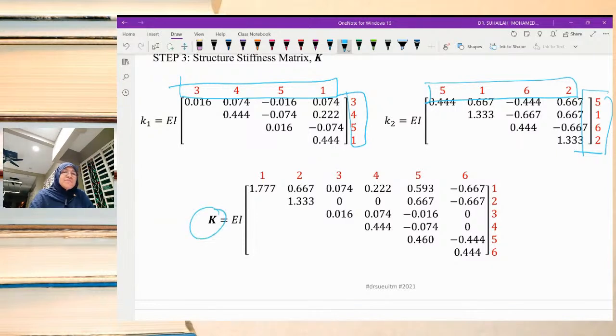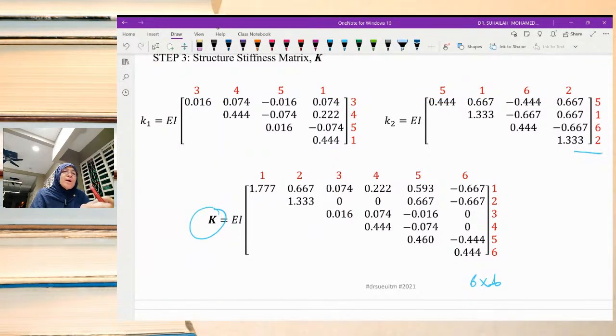For the structure stiffness matrix, we have to find the values in a 6 by 6 matrix. All the degree of freedom labels are based on the position in the structure stiffness matrix. So we have to do it one by one, like what we have done in truss.